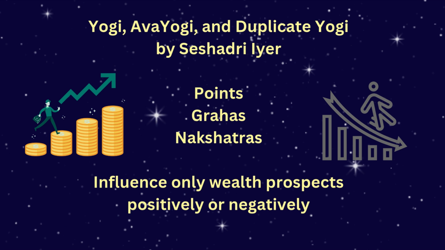A strong yogi enhances prosperity, whereas a strong avayogi can suppress even promising dhana yogas. Real life charts, like those of Arnold Schwarzenegger, Tom Hanks, and the Dalai Lama, illustrate the practical impact of these grahas on their wealth prospects.